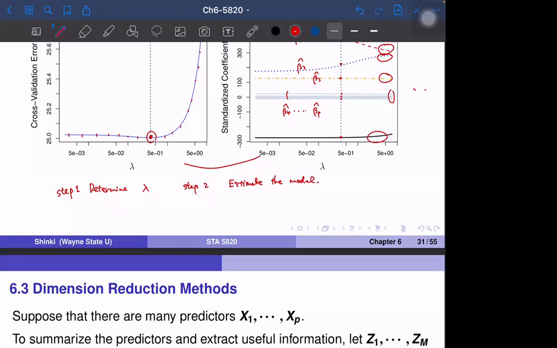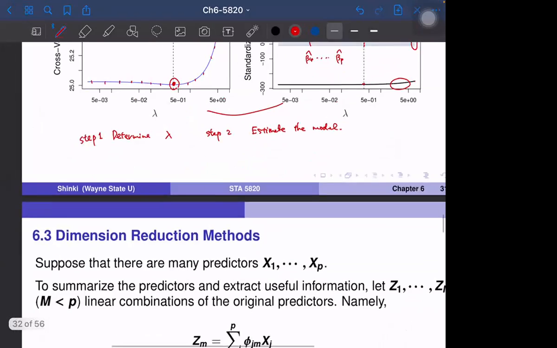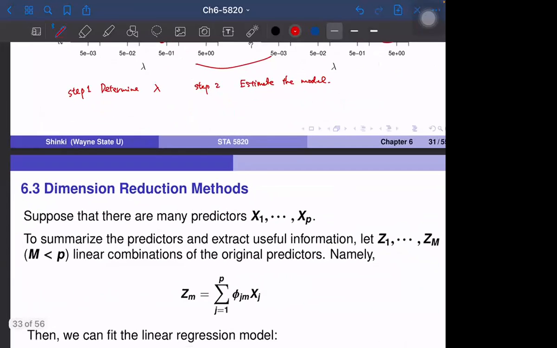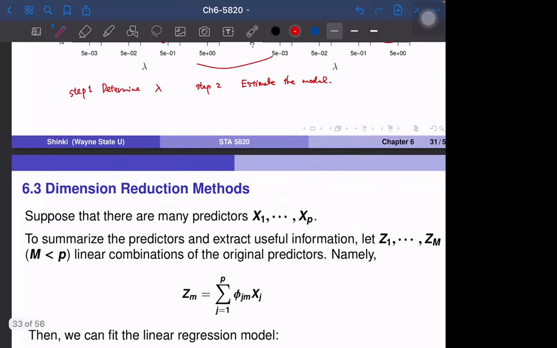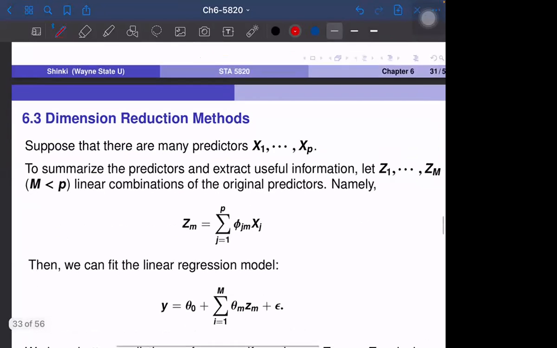That is not really data science, but some people use specific lambdas. Maybe in some specific fields they have experience about the estimation and consensus on lambda, but in data science, lambda should be estimated by cross-validation.